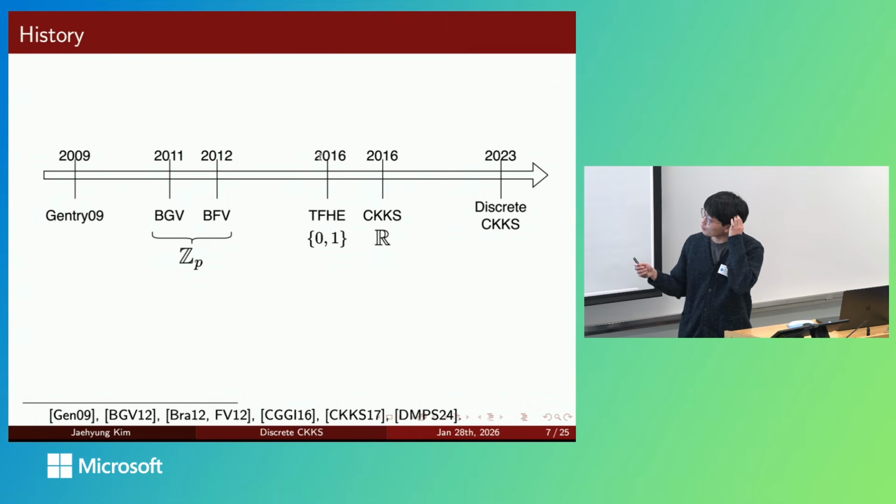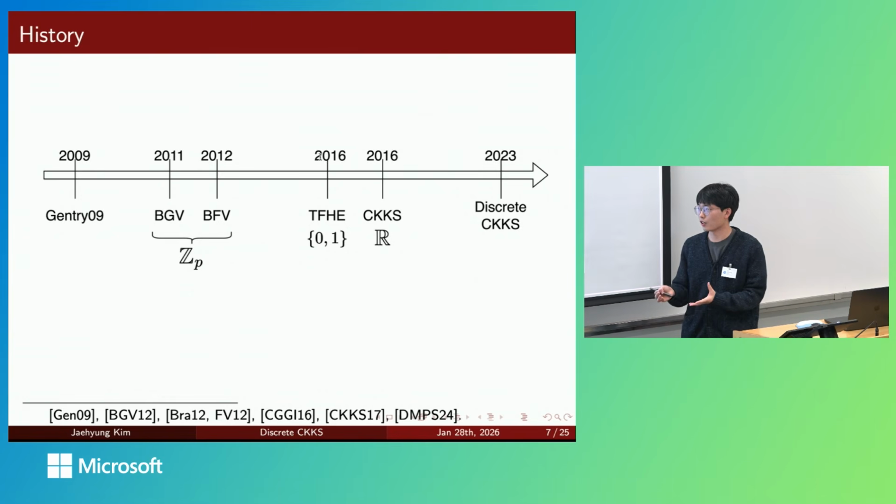The first kind of schemes are called BGV and BFV. In terms of functionality, you can regard them as vectorized operations over some finite fields.